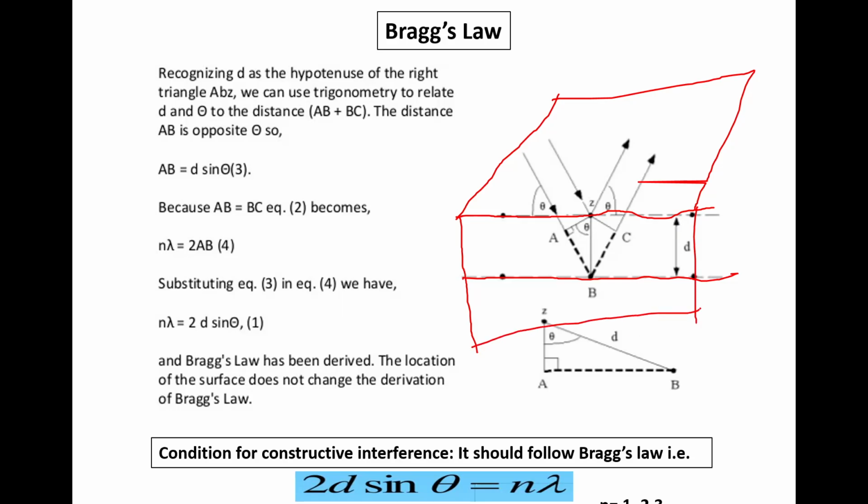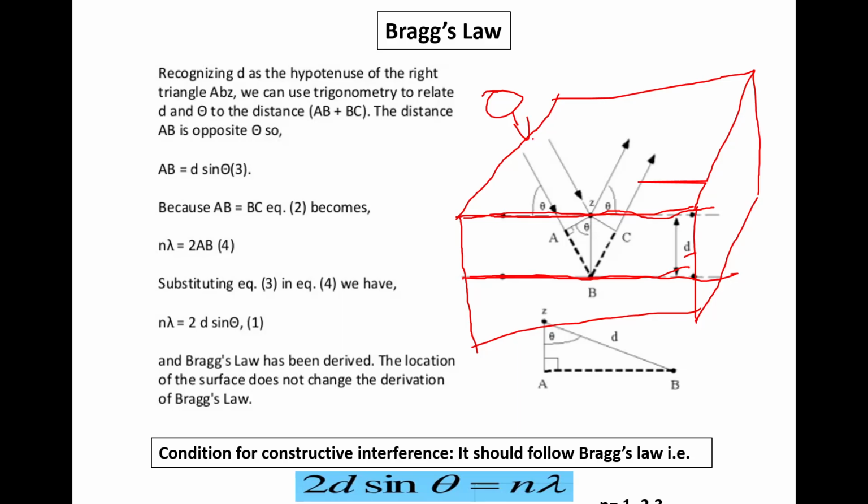pardon my drawing, but if this is your whole crystal, this is one plane of your crystal and this is another plane of your crystal, and in between them there is an interplanar distance denoted by d. He said that now imagine this is your X-ray source, from here the X-rays are coming.